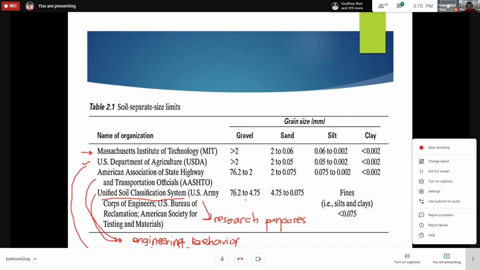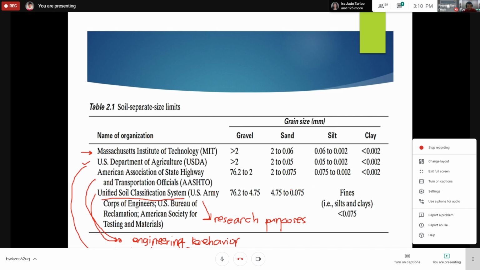So, you can see, right? So, for sand it is from 2 to 0.06 for MIT, up until 0.05 mm for USDA, 0.075 mm for AASHTO. The same as AASHTO, the USCS is up until 0.075.